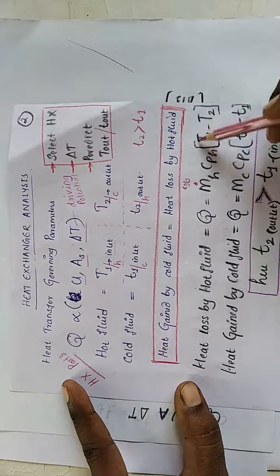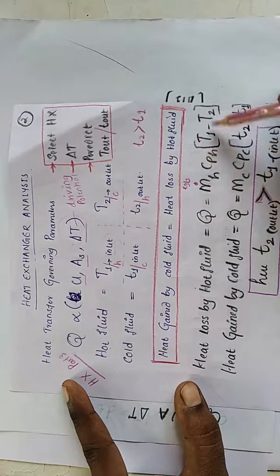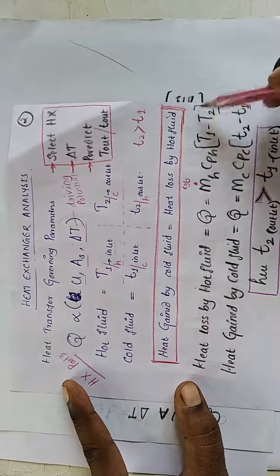That means T1 is larger when compared to T2. This is the inlet temperature T1 and this is the outlet temperature T2 for the hot fluid.